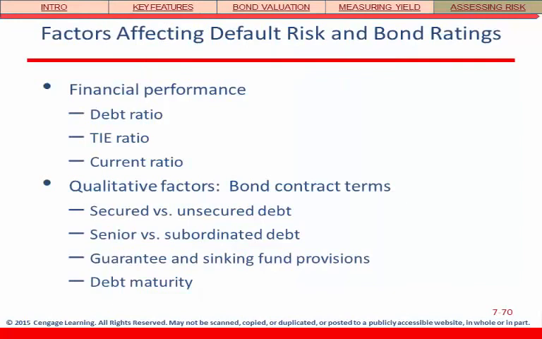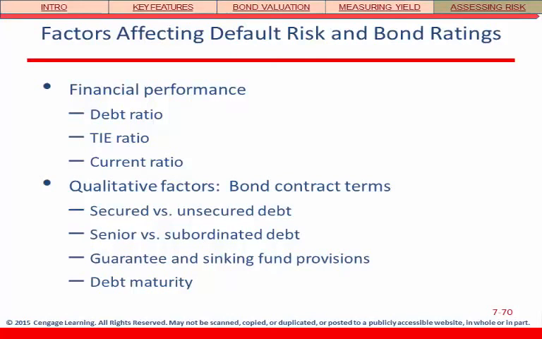So what are some factors that affect default risk and bond ratings? Okay, well, Moody's and S&P, they're going to have to take a look at certain specific numbers to figure out the default risk anyway. We don't know exactly what their equations look like and what they take into consideration. But here are some things that we do know that they look at. They're going to look at the debt ratio and the current ratio and the times interest earned ratio.